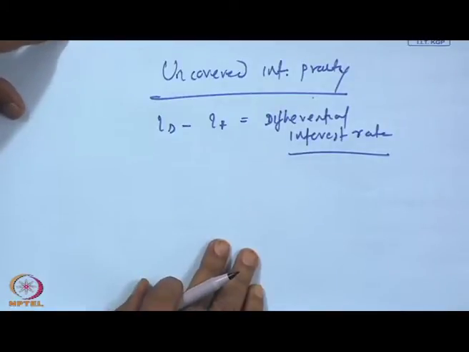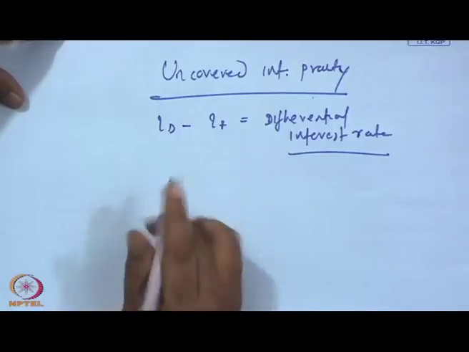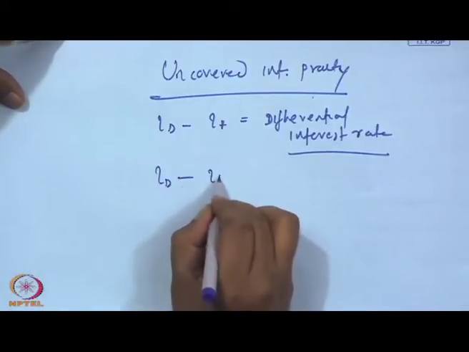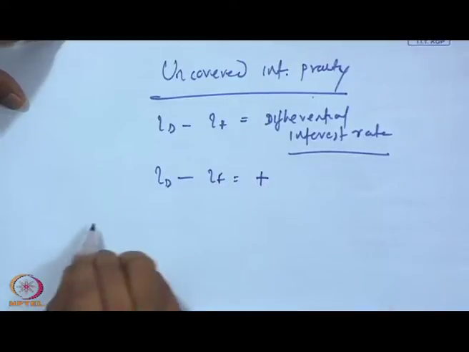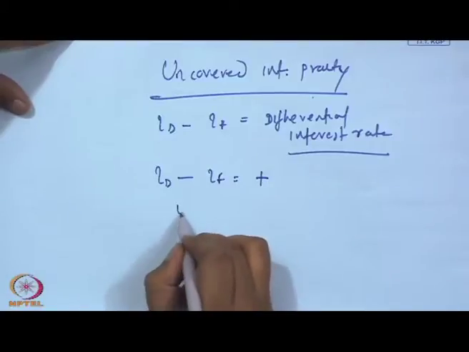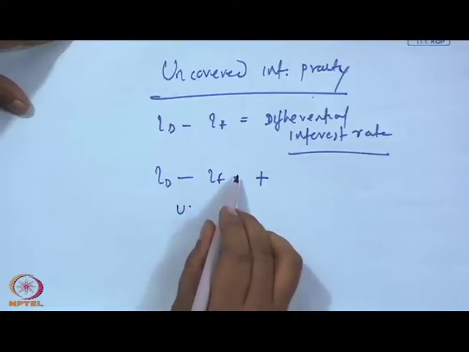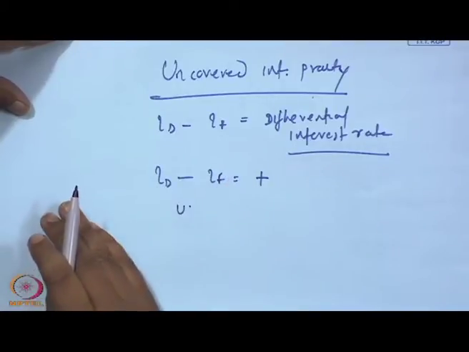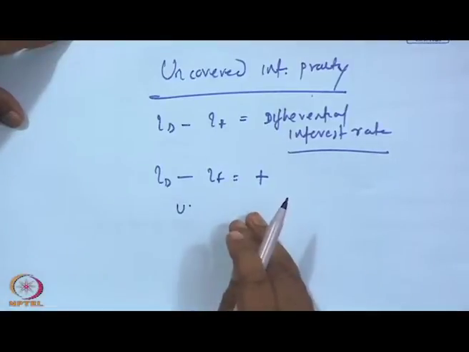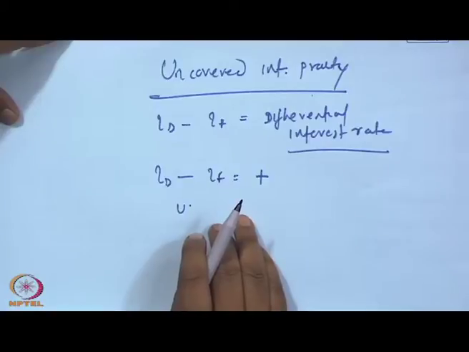However, since there is a differential available, if this differential is positive, there will be movement of foreign currency, that is US dollar. Suppose domestic is India and foreign is US, there will be movement of foreign US dollar to India, and this leads to depreciation of rupee.